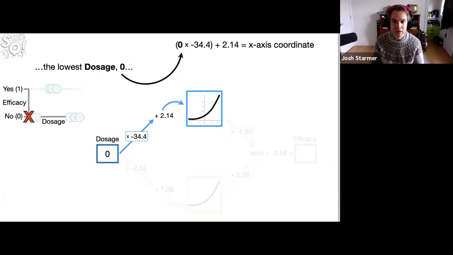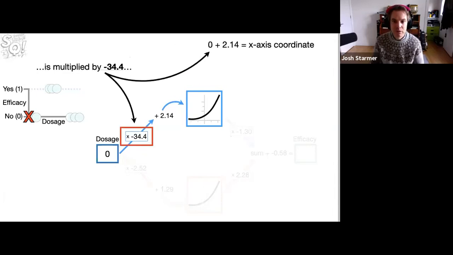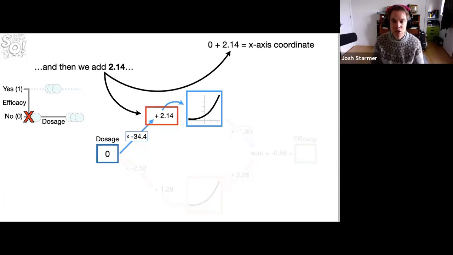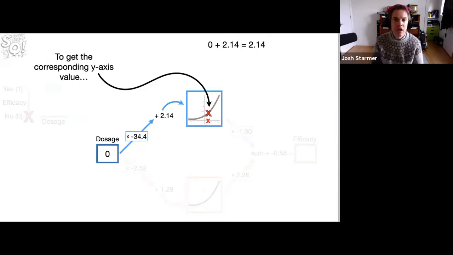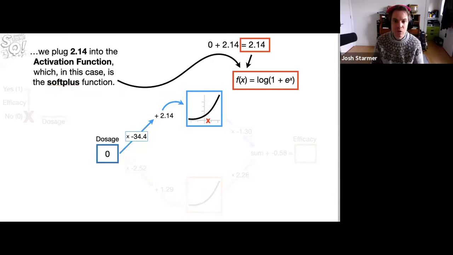So we multiply that by negative 34.4, and then we add 2.14, to get 2.14 as the x-axis coordinate for the activation function. To get the corresponding y-axis value, we plug 2.14 into the activation function, which, in this case, is the softplus function.